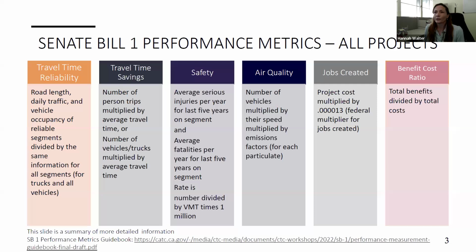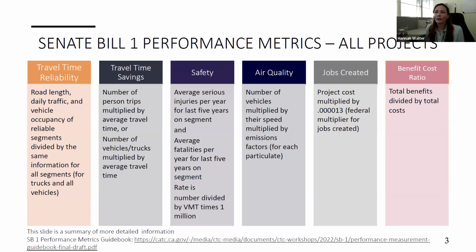So for travel time reliability, what that's looking at is, if you think about the worst 1 or 2 days of traffic a month on a specific segment, how bad is that delay associated with those one-off events? That's what travel time reliability is trying to measure.